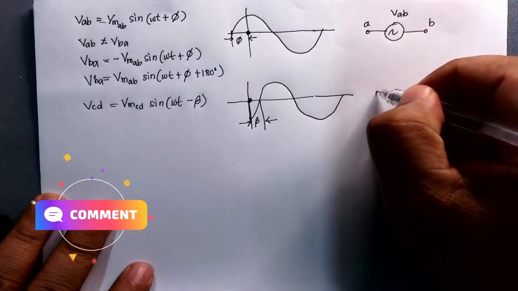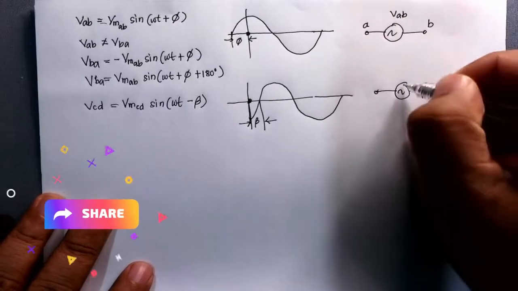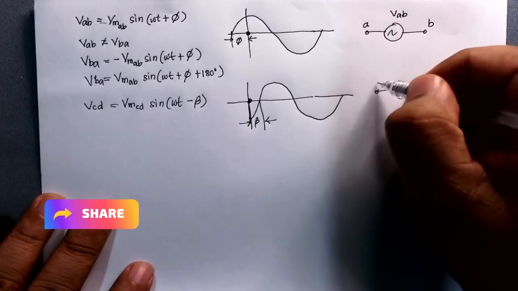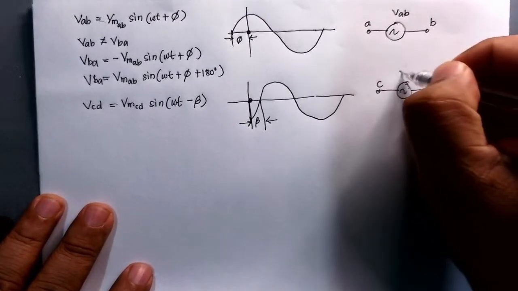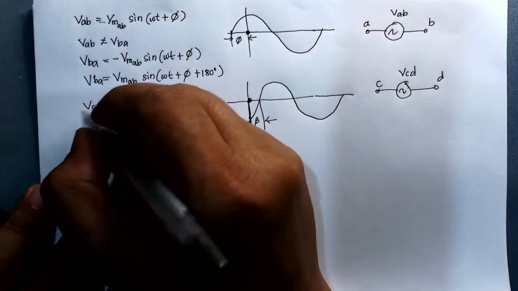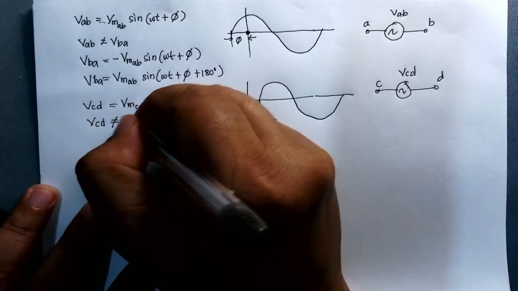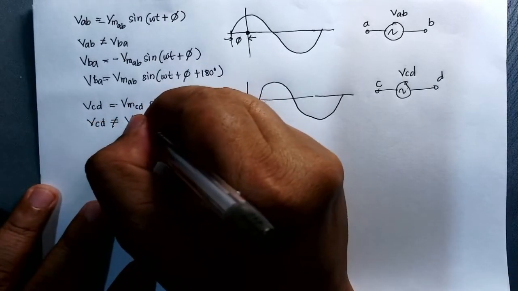Okay, so again we use the schematic circuit diagram. Let's say this is C and D, this is V sub CD. Okay, and again V sub CD is not equal to V sub DC.